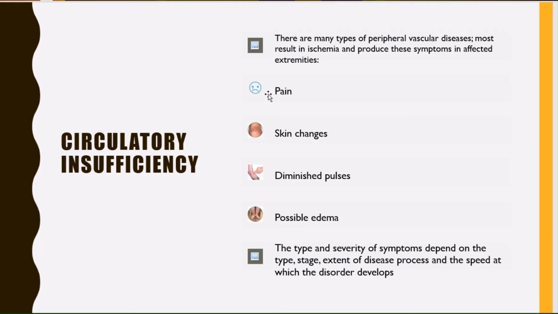The severity of these symptoms depends on the type, arterial or venous, the stage, whether it is just the starting stage or a critical point, the extent of the disease process, how far the disease has progressed, or the speed. Sometimes it can happen fast, especially if there is an occlusion, then these symptoms can develop faster.